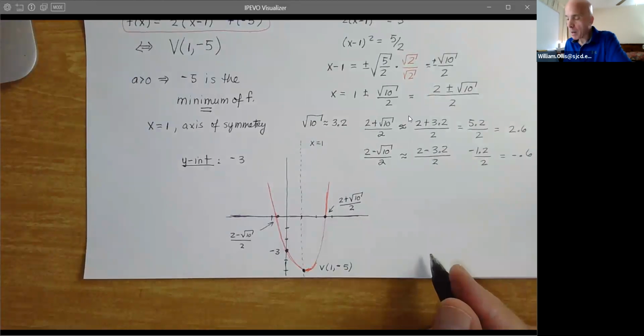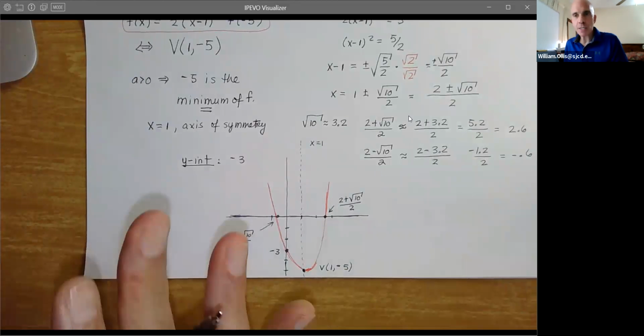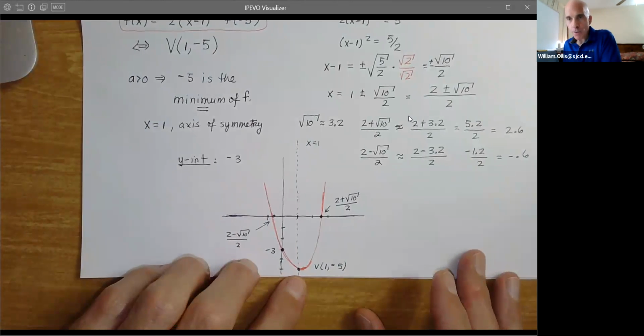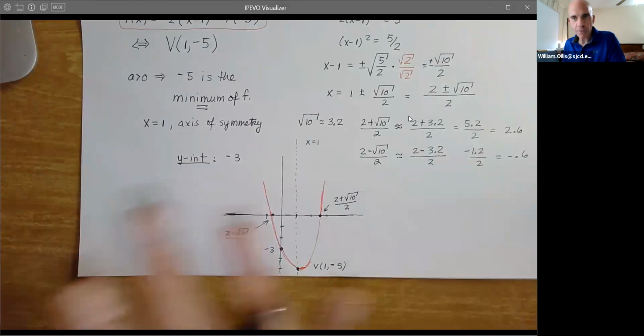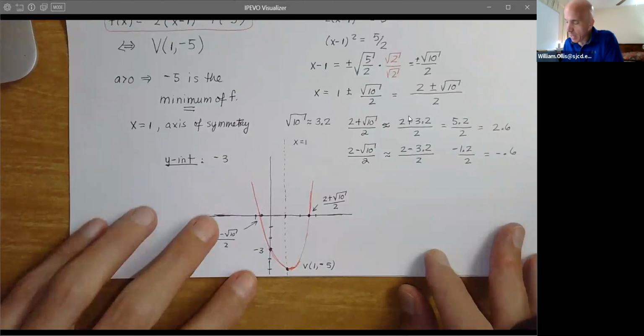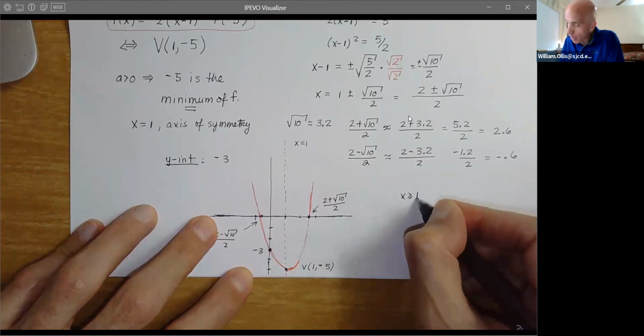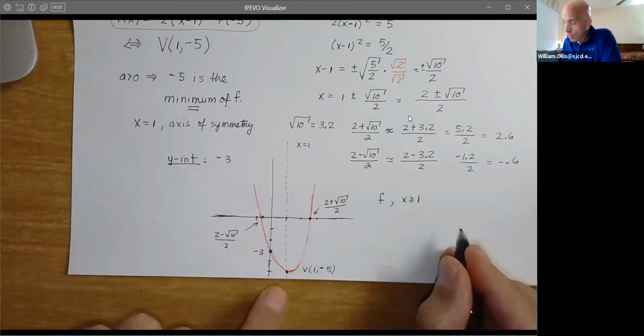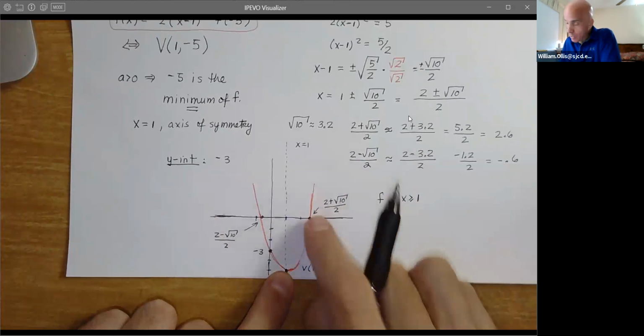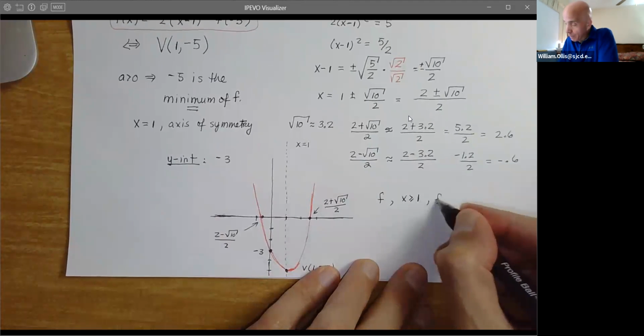Okay? But if you want a real inexpensive way to do it, you can use the vertex to get more value for the dollar, so to speak. So if we say x is greater than or equal to 1 for our f, we go here and we just take this branch, we have f is 1-to-1.